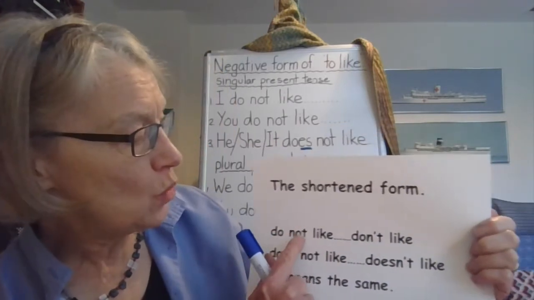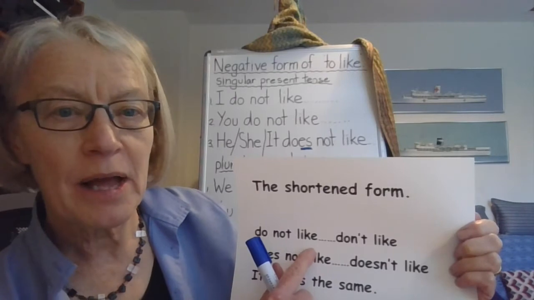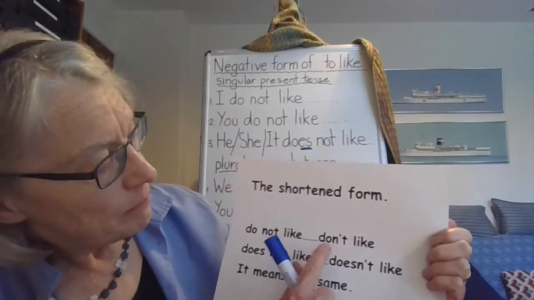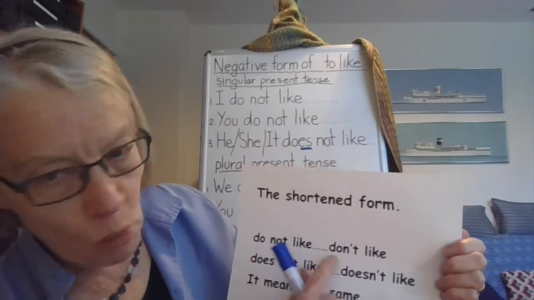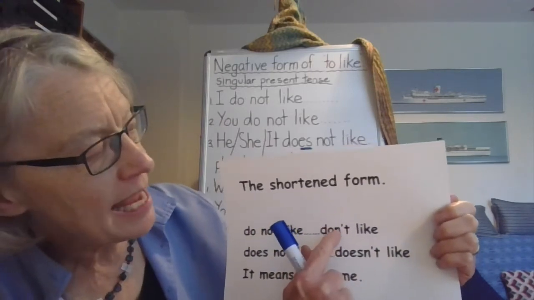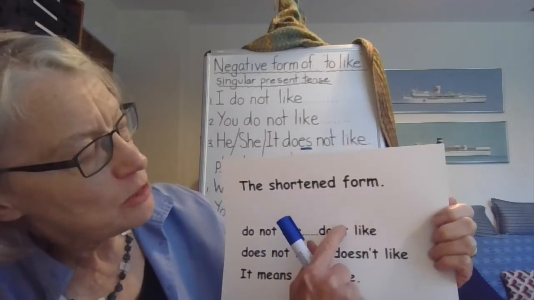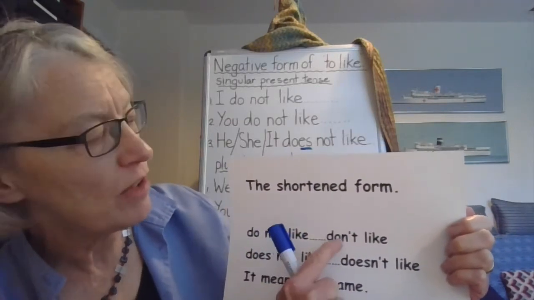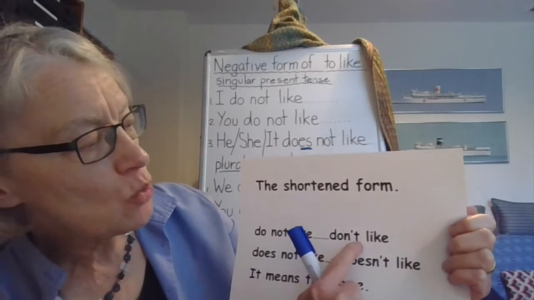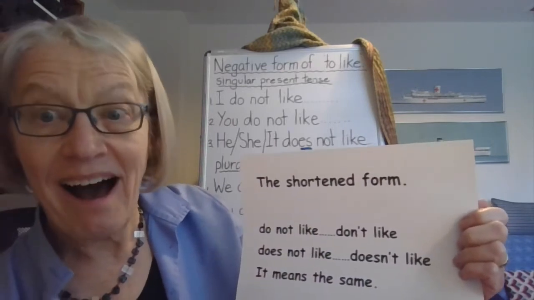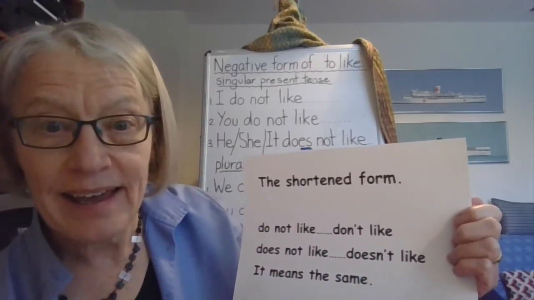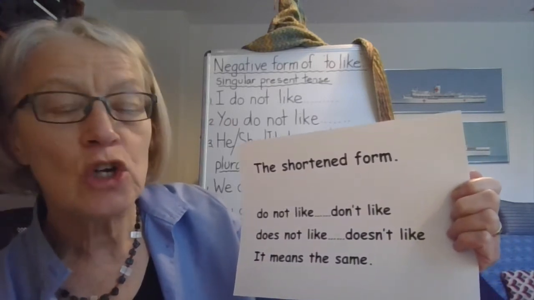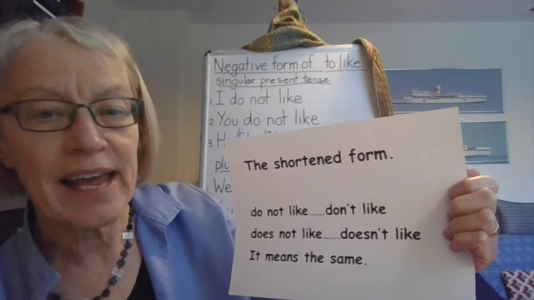So do not like becomes don't like. We make it into one word and we take out the O and put an apostrophe. That mark there is an apostrophe. So I don't like means the same as I do not like.